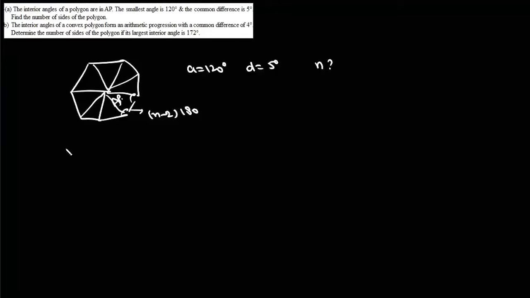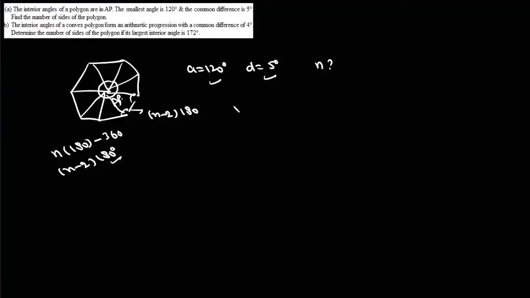Sum of all the angles of the triangles will be n into 180, and from this sum we'll subtract all these angles which are at the center of this polygon. So it will be minus 360. So we can write this as (n minus 2) into 180 degrees. So we have first term, common difference, and sum of all the angles. We should be able to find the value of n.